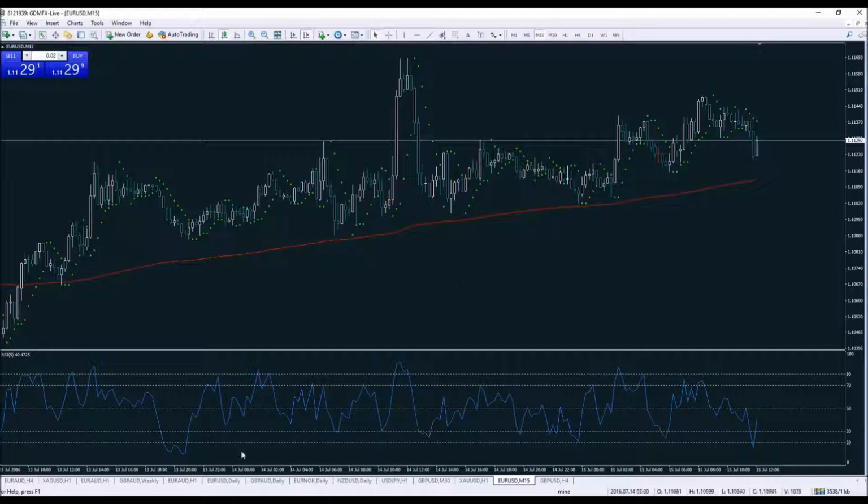Now, you might notice a lot of chaotic movement on the RSI, especially in the sideways direction, when the market is moving in a range. You can see here from this point up to this point that the market is staying strictly within the boundaries of the default settings.